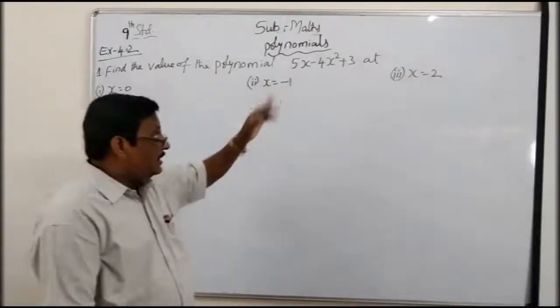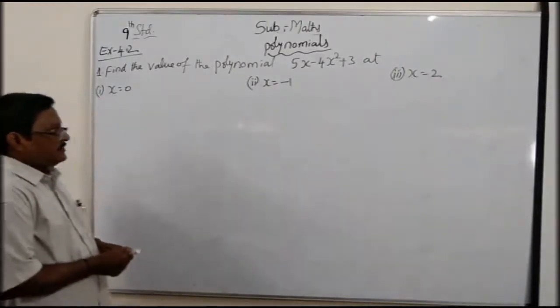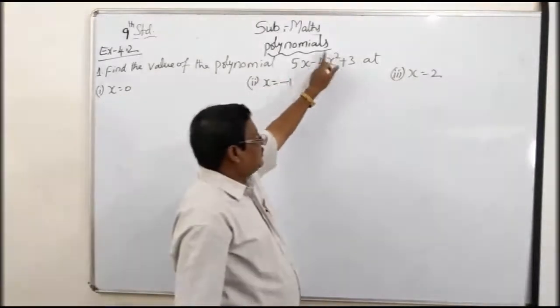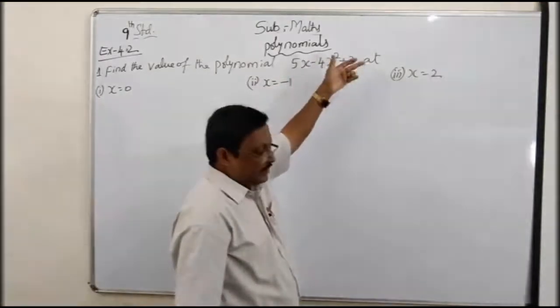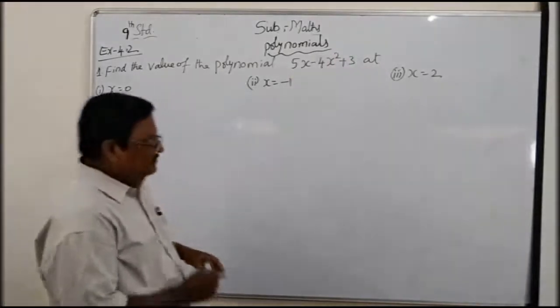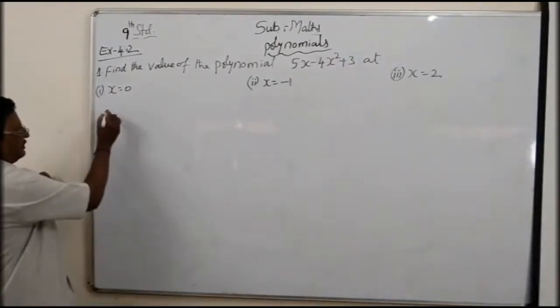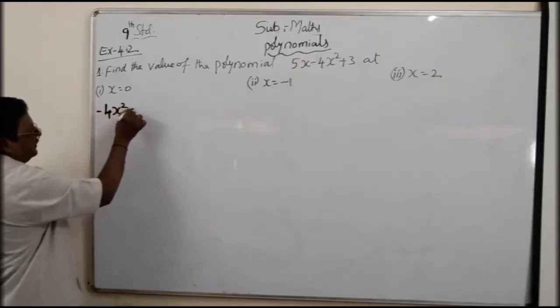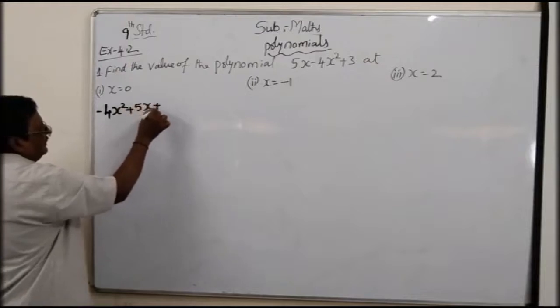Here, first arrange the powers in decreasing order: x power 2, x power 1, and the constant. The polynomial is minus 4x square plus 5x plus 3.